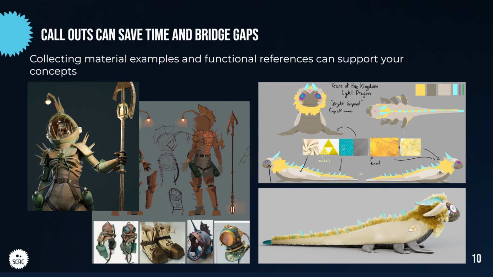So to balance that out, I just went online and found some pictures of diver boots, and that's what I used as reference when I was modeling. And with this dragon, I just didn't have time to fully render what kind of fabrics it was going to be. So again, I just went on Google Images, snatched those up, and when it came time to texture, I had basically all the information I needed. So it's about knowing when it's necessary to draw and render, but also sometimes cutting corners.